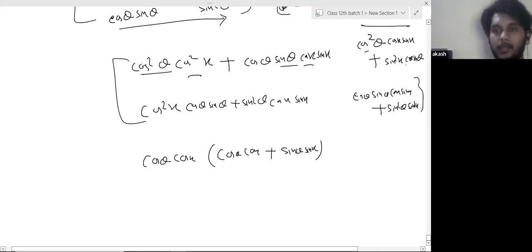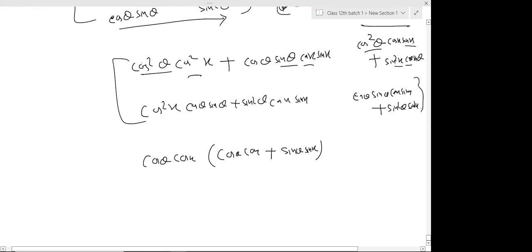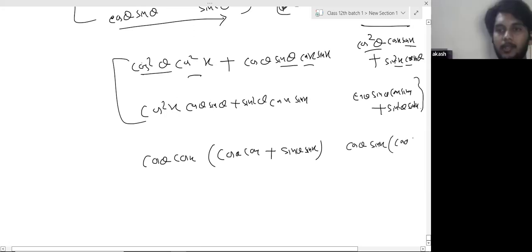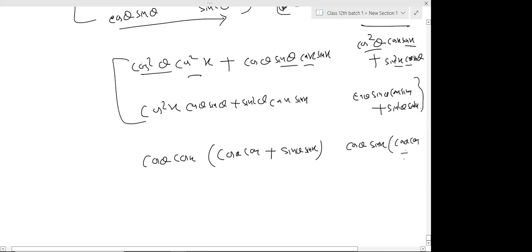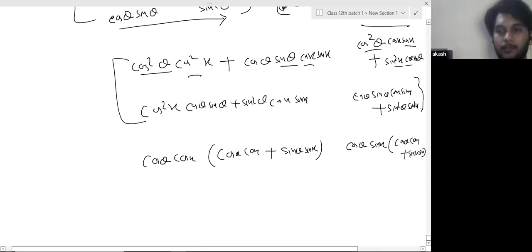One is cos theta, I guess. Another is sin x, right? Yes, sir. Cos theta sin x. What it means is cos theta cos x, cos x sin x. Yes, sin x and sin theta also.